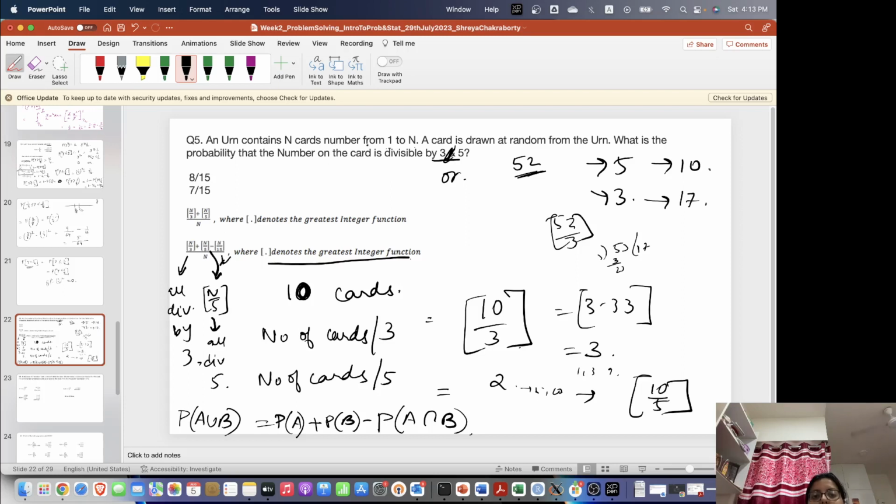So if I have to find the probability that the number on the card is divisible by 3 or 5, then this will be my probability. These many, n by 3 box function, number of cards divisible by 3, plus n by 5 box, cards divisible by 5. We'll add that up and there will be repeated counting. So we'll just remove n divided by 15 box.